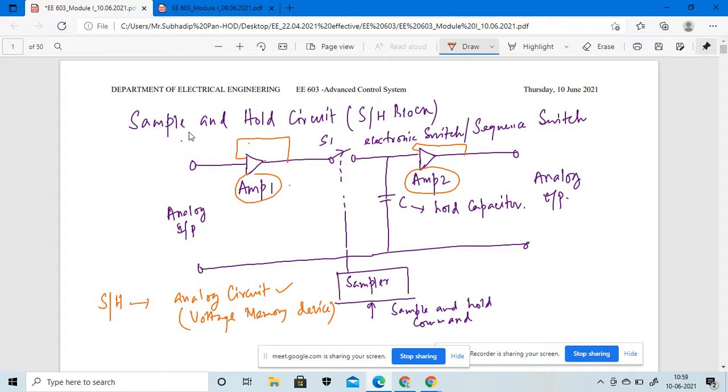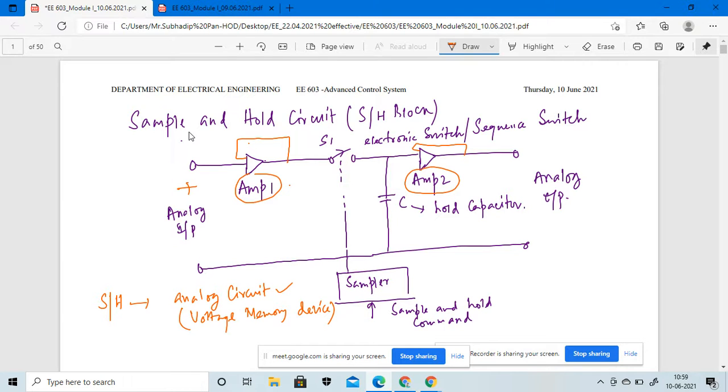In this voltage memory device, whatever voltage enters the analog input is sampled and then stored in a high quality capacitor, the hold capacitor. That voltage comes across and is stored in the capacitor.